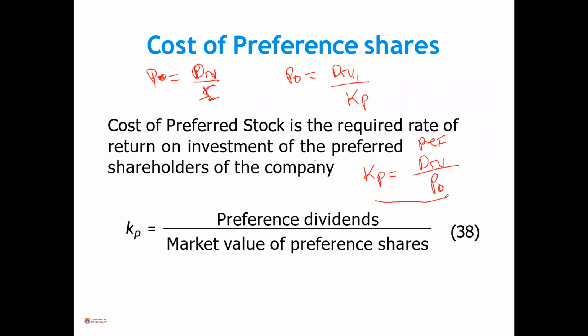So this is the formula for cost of preference shares: dividend over the price of the share.